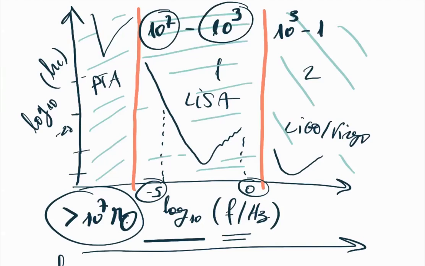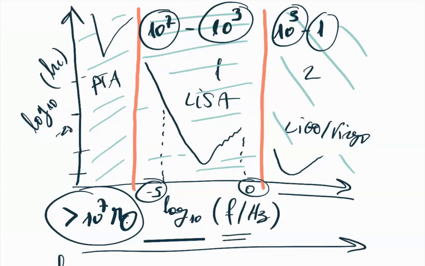And in the LIGO and Virgo regime, we're talking about systems with masses of between 1,000 and 1. Now, this is a very interesting way of distinguishing how we look at sources.